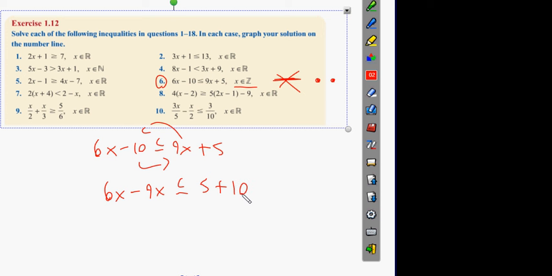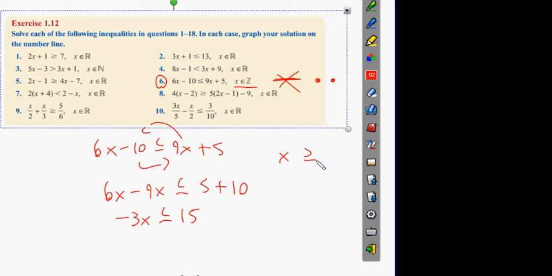Now what's 6x minus 9x? Minus 3x. Now this minus 3x, guys, is what I was talking about earlier. You're going to be dividing by a negative number. So, minus 3x is less than or equal to 15. Now what happens when you divide by a negative number? You flip the sign.